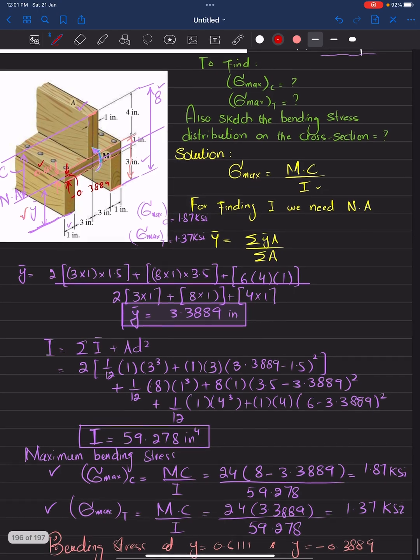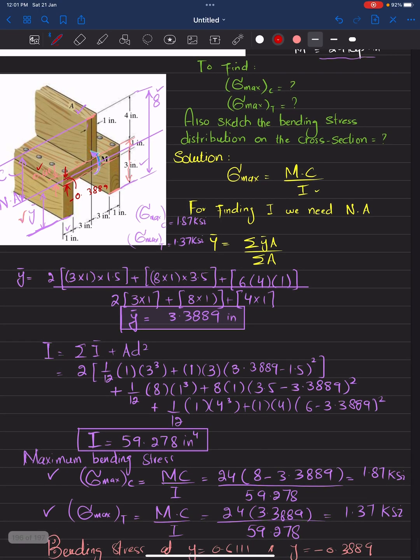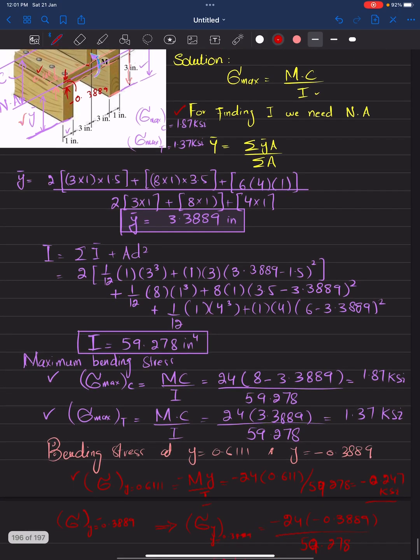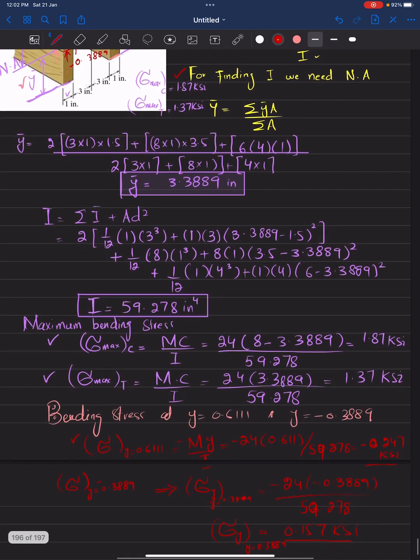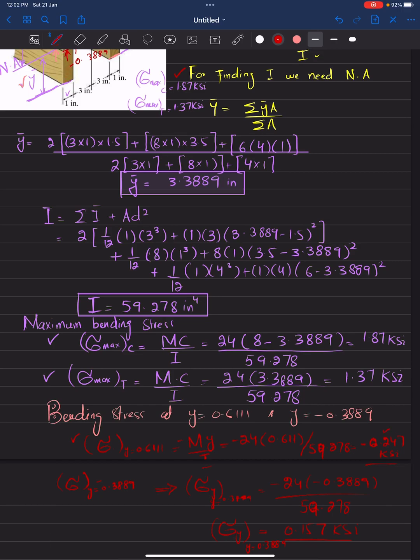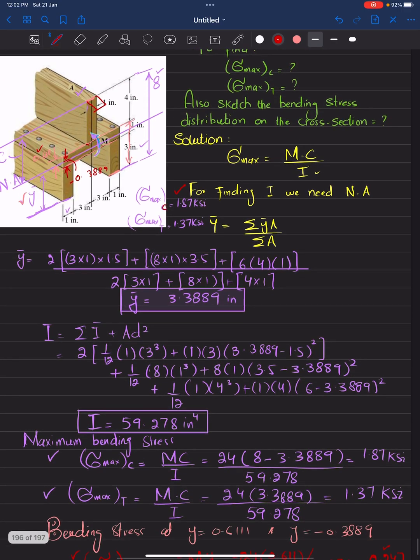So we will now plot the variation. At this portion you can see that the stress is maximum. So let this be the stress. The variation of this stress is like this at this portion. And at this axis you have a stress of 0.247, that is in compression, and this is also in compression. So here you will have stress but not 0, so the stress variation will be like this.